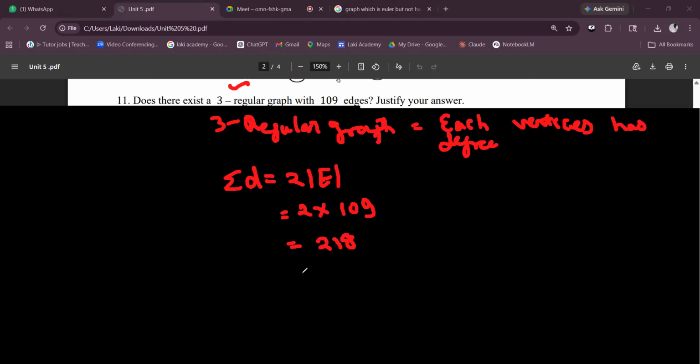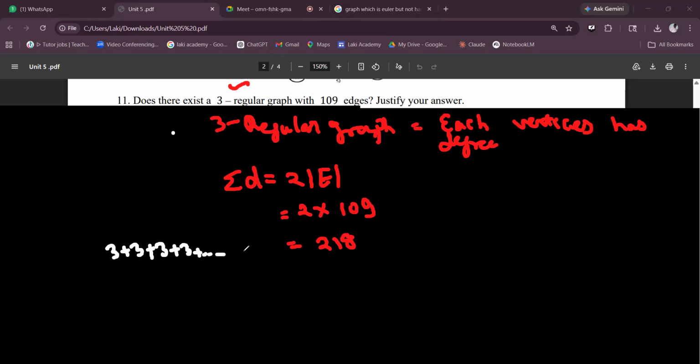Each vertex has degree 3. Suppose the first vertex has degree 3, the second vertex has degree 3, and so on.